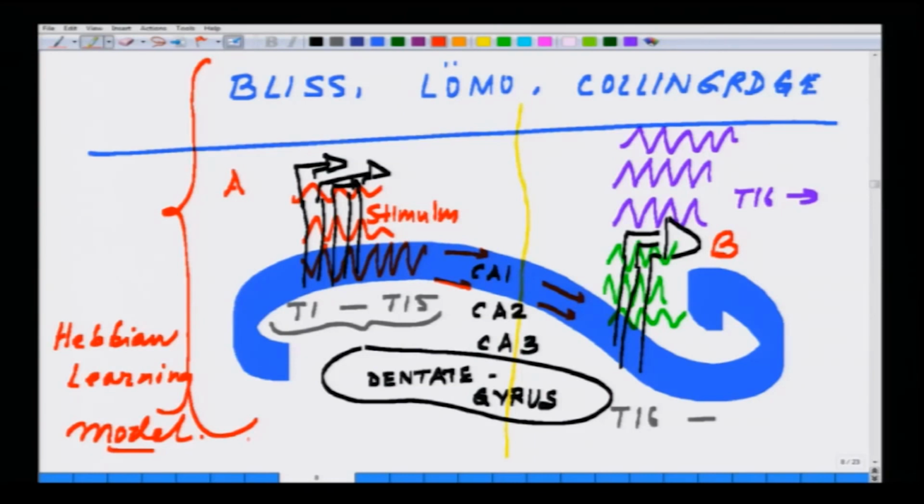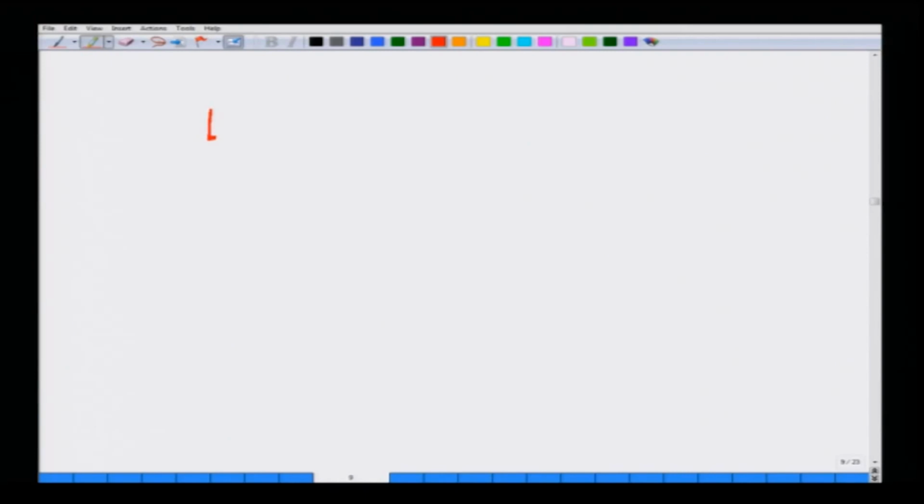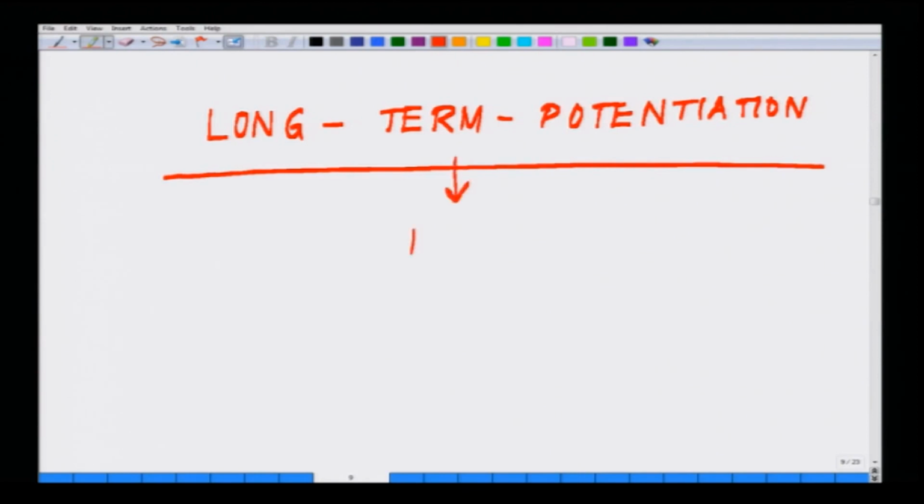That indeed there are regions in the brain which follows a different set of computation, and this process of memory acquisition was termed as long term potentiation, which is one of the most accepted models of memory acquisition, which in short is also called LTP.